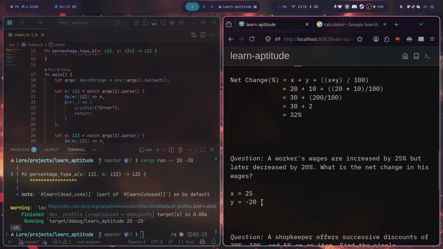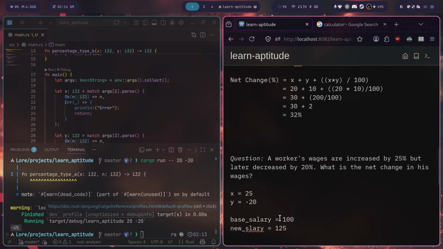Okay, let's see how it works. Let's try with the base salary. Base salary equals 100, and if I increase by 25%, the new salary will be 125.